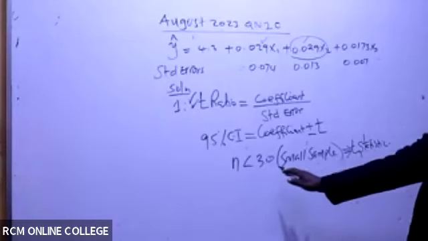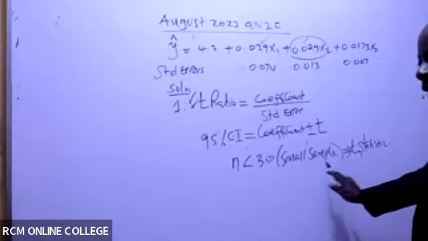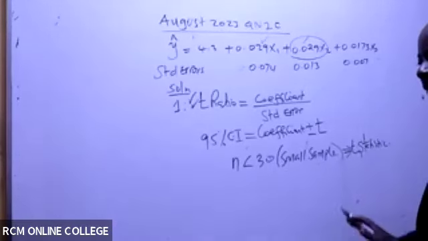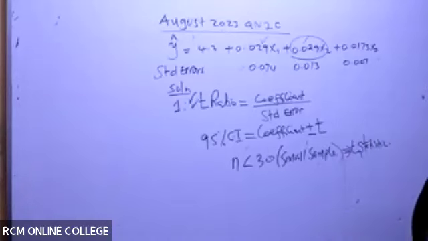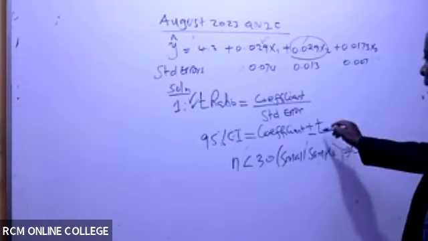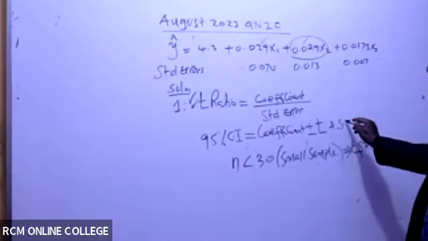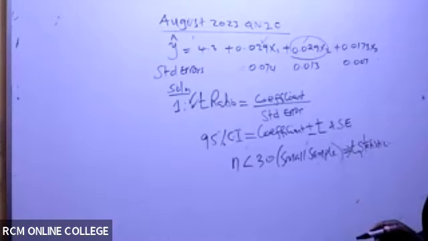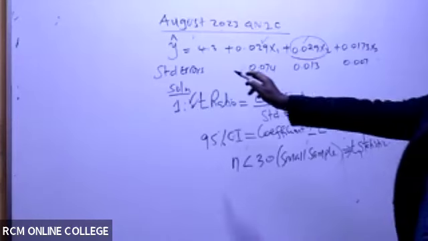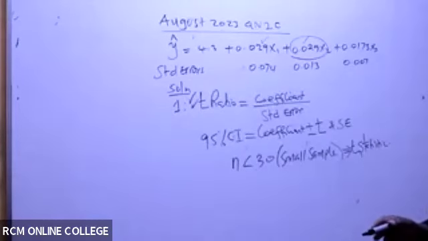Up to here, are we really clear? Have you taken your small note? I would want us to go slowly because we're only doing 2 questions anyway. It's clear, great. So the formula is T times the standard error, where SE is the standard error.